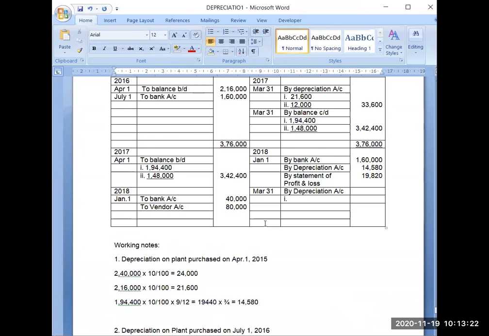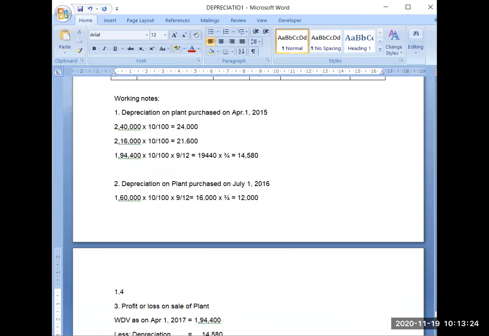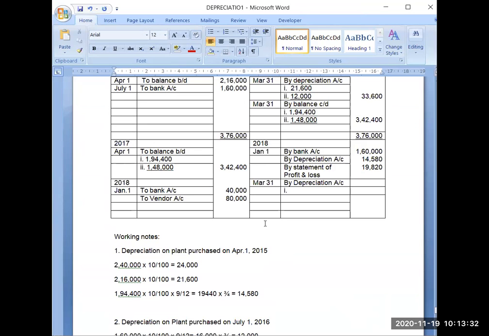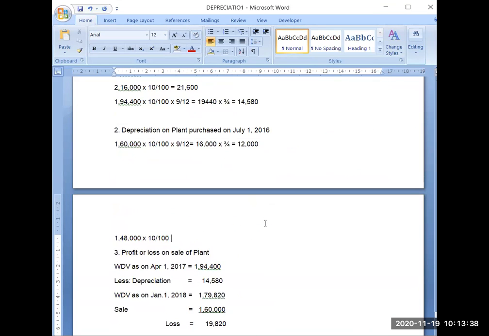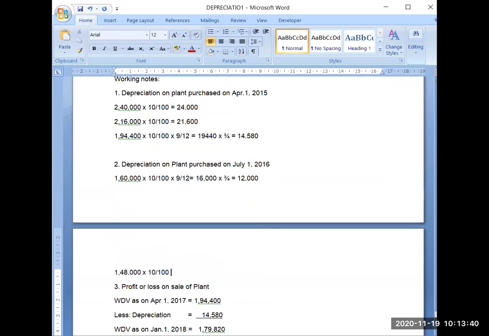Now its written down value is 1,48,000. And we have to charge complete 1 year depreciation on that. So it will be 14,800.